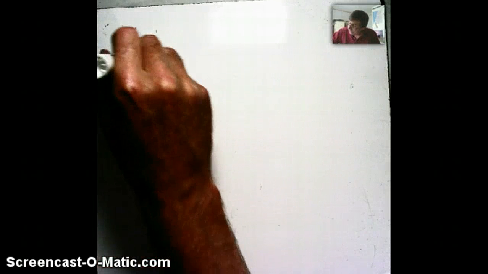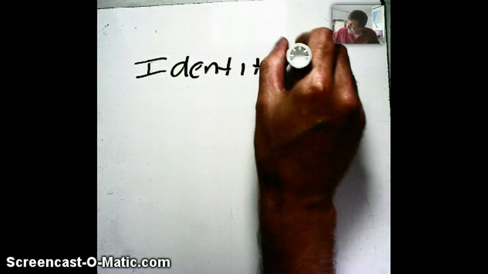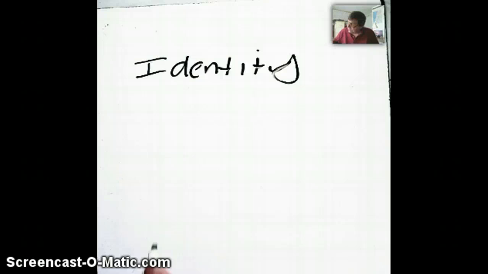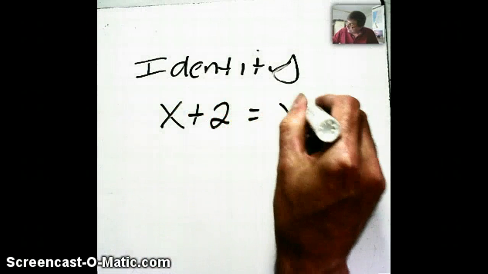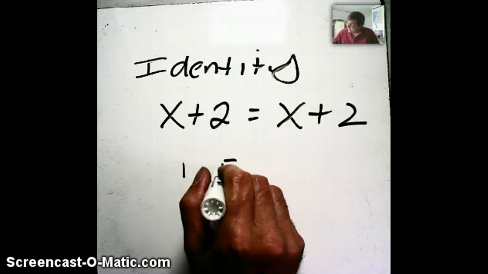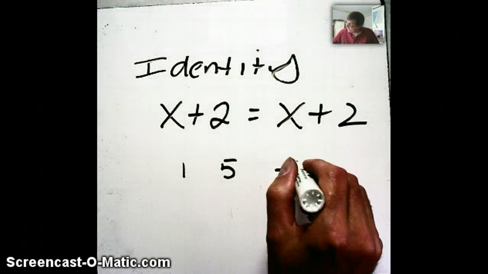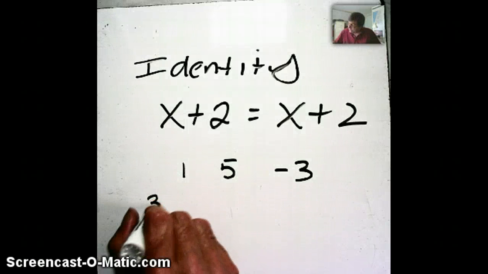Alright, and then last, identity. Alright, let's plug in some numbers. How about 1, 5, and negative 3? Well, if I plugged in 1, I would have 3 is equal to 3.